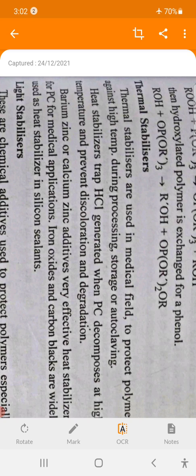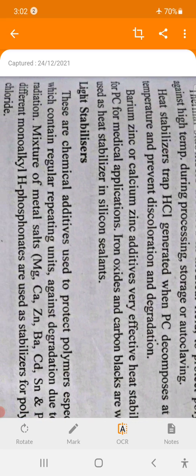Barium zinc and calcium zinc additives are very effective heat stabilizers for polymer materials used in medical applications. Iron oxide and carbon black are also widely used as heat stabilizers in silicon materials manufacturing.